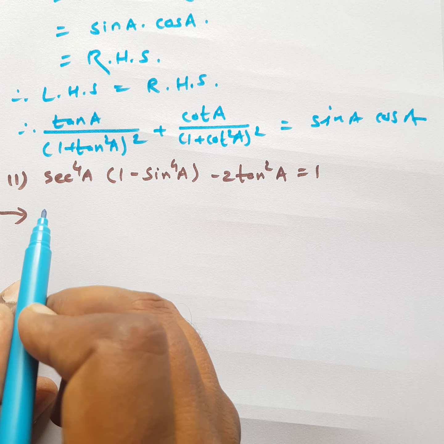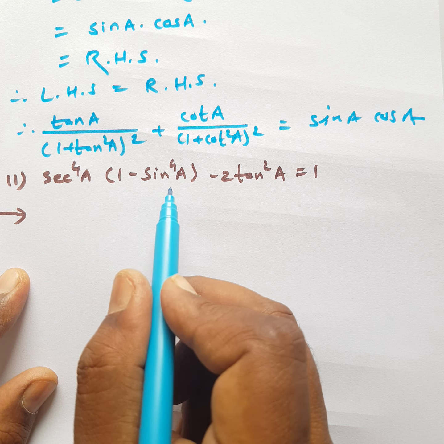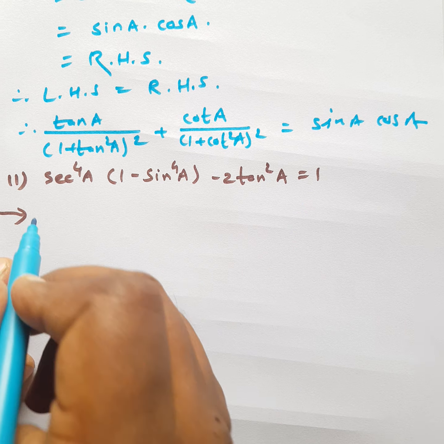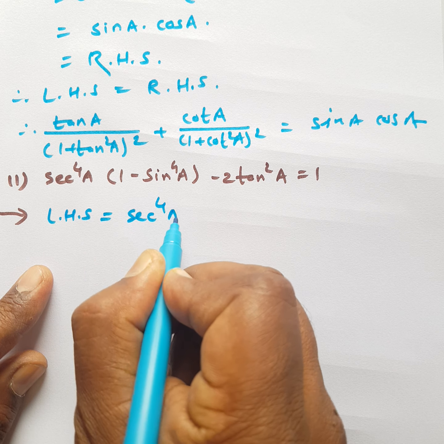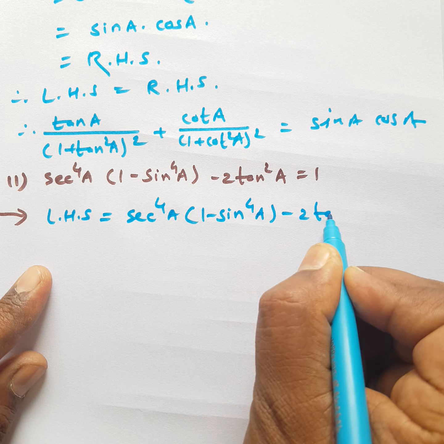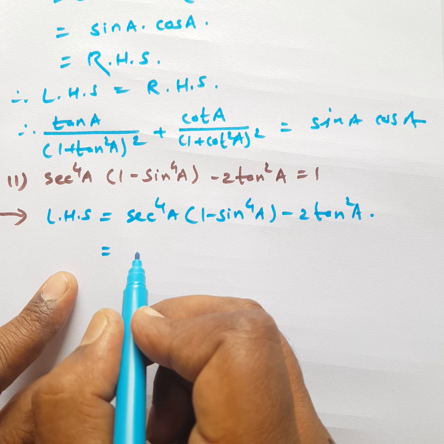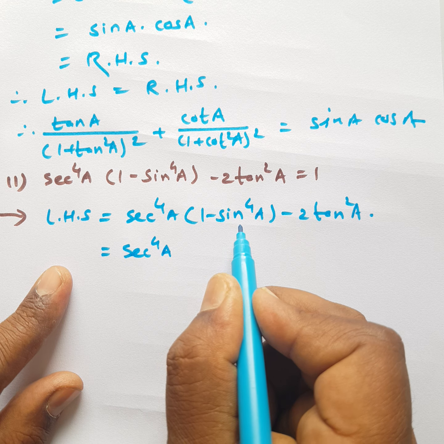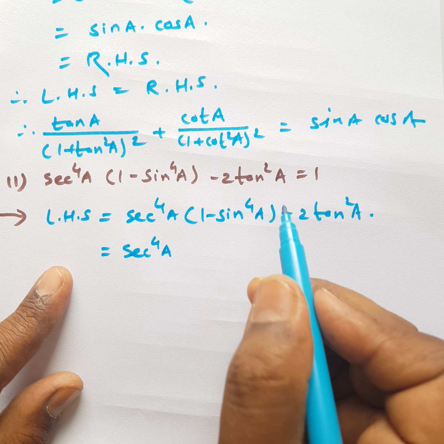Now example number 11: sec raised to 4 A into 1 minus sin raised to 4 A, minus 2 tan square A, is equal to 1. Now again we will consider the left hand side: sec raised to 4 A into 1 minus sin raised to 4 A, minus 2 tan square A. Here 1 minus sin raised to 4 A is 1 square minus sin square A whole square.